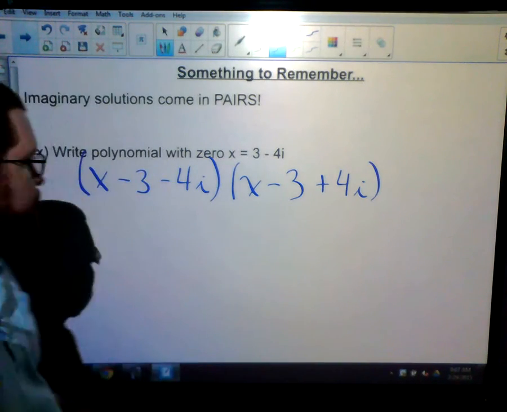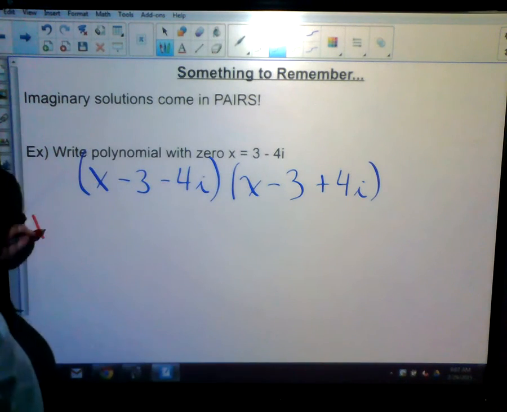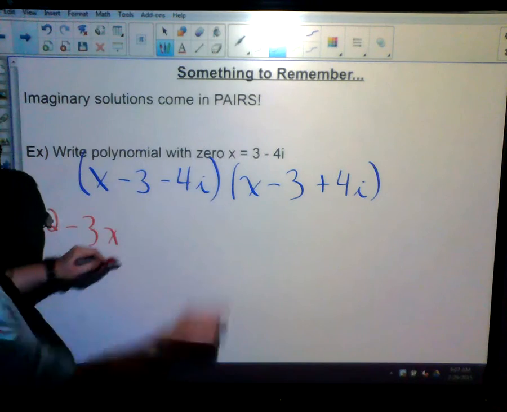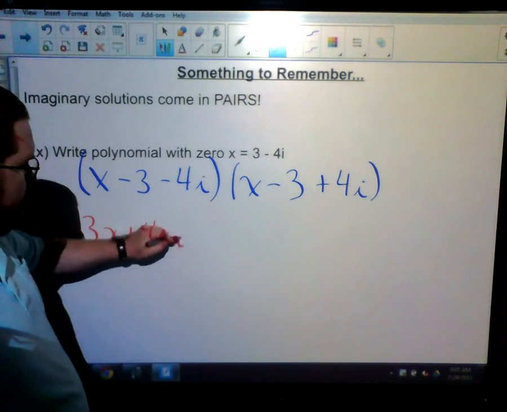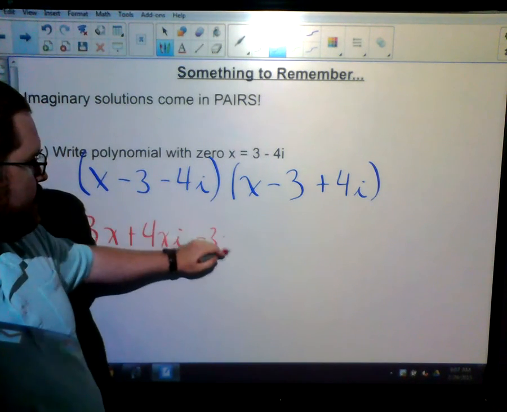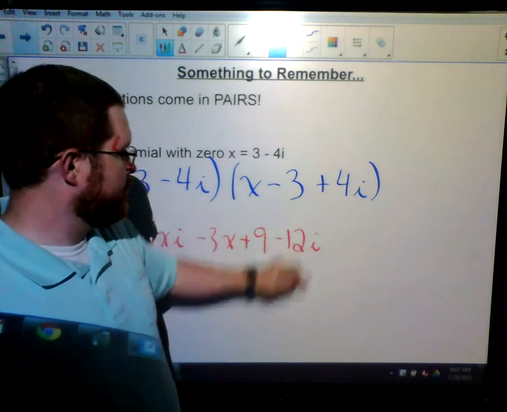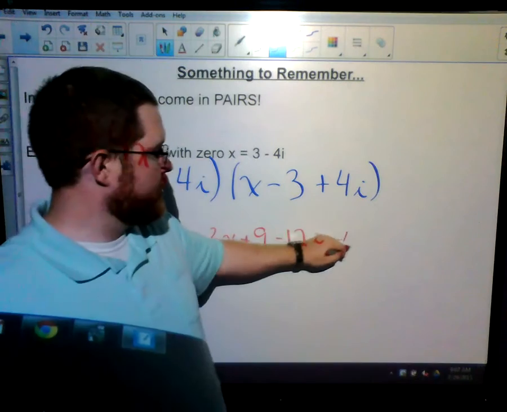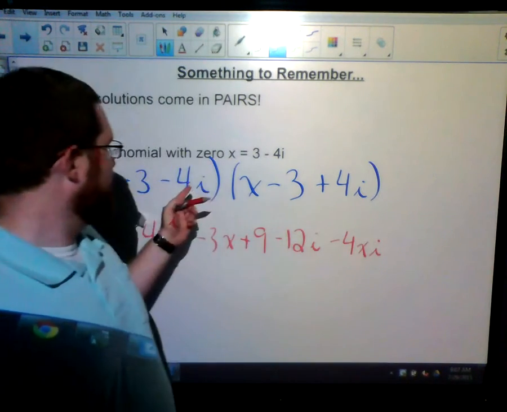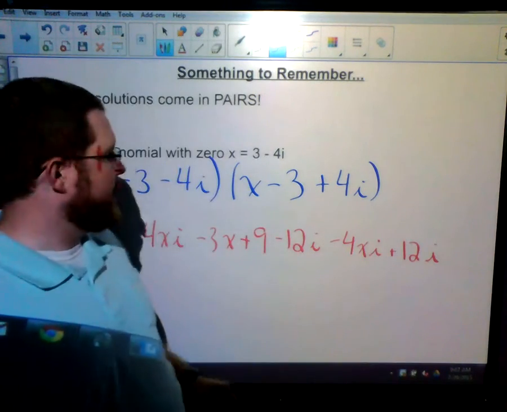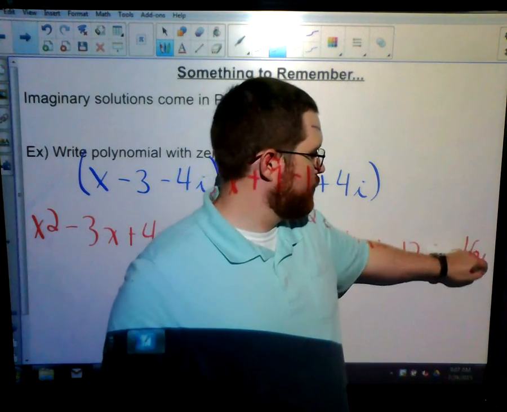Distribute. This takes some time. X squared minus 3x plus 4xi minus 3x plus 9 minus 12i minus 4xi plus 12i minus 16i squared.